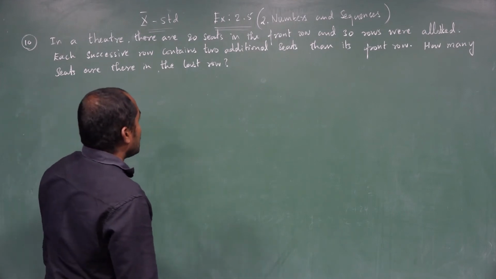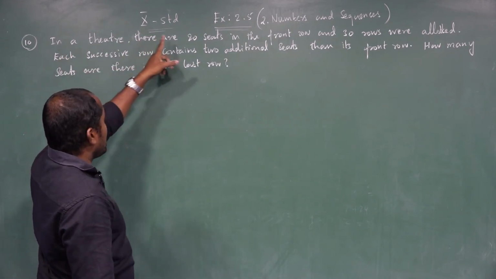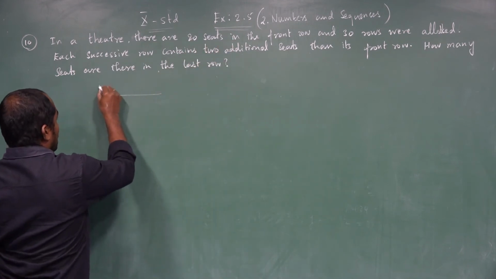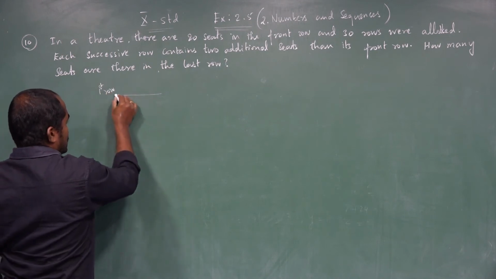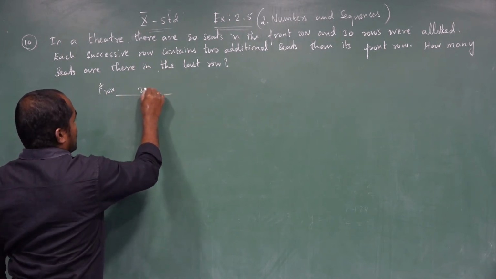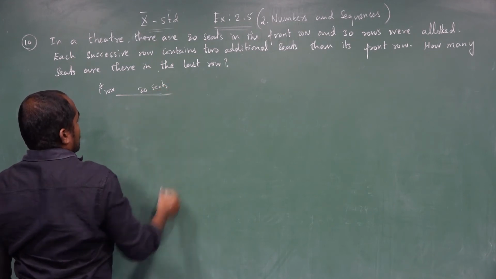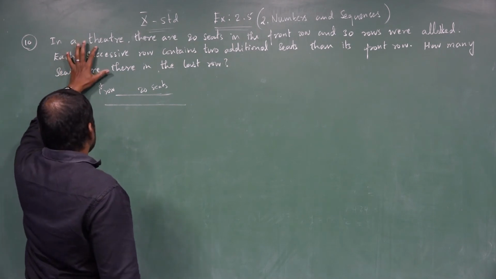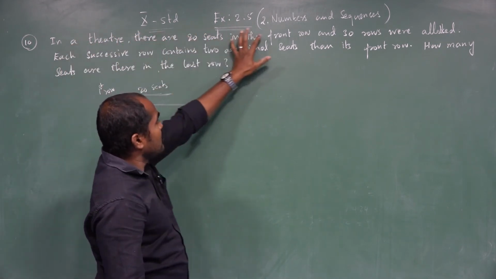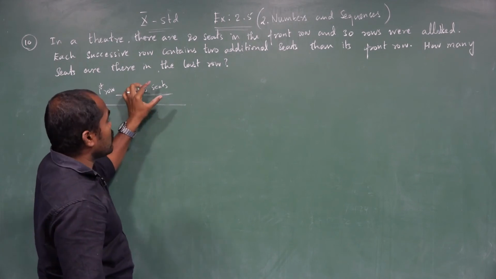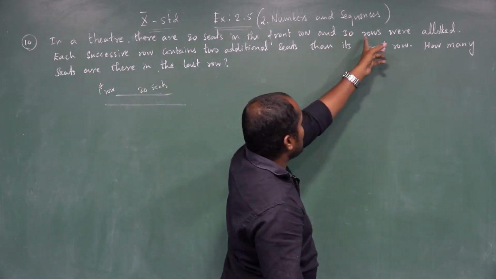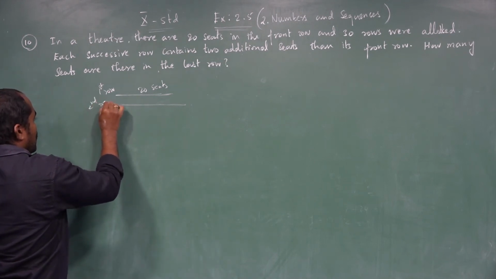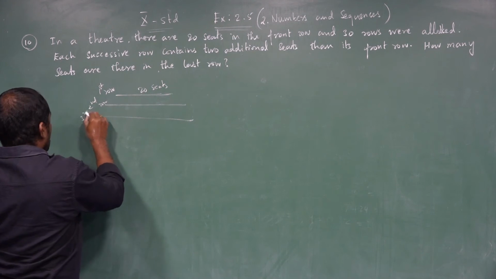So listen. In a theatre there are 20 seats in the front row. So this is the front row or first row. So first row contains 20 seats, and 30 rows are allotted. So first row, this is second row, and this is third row.